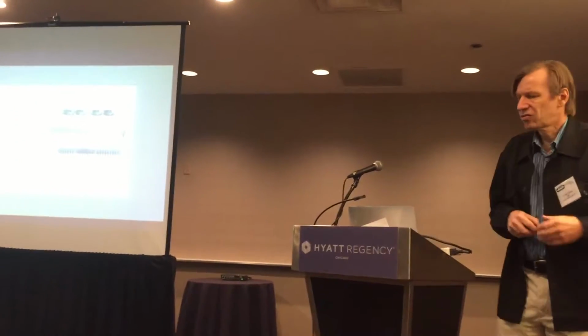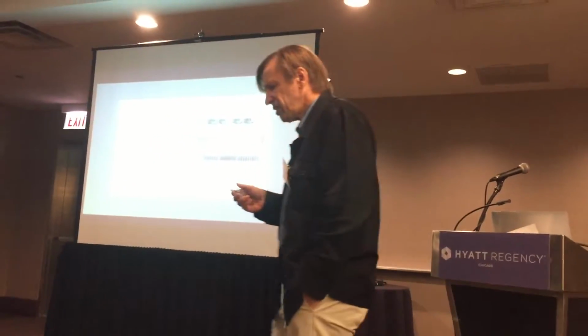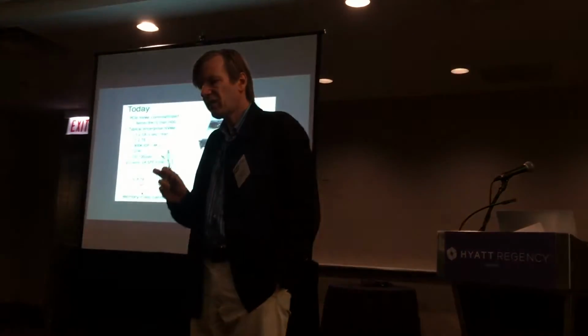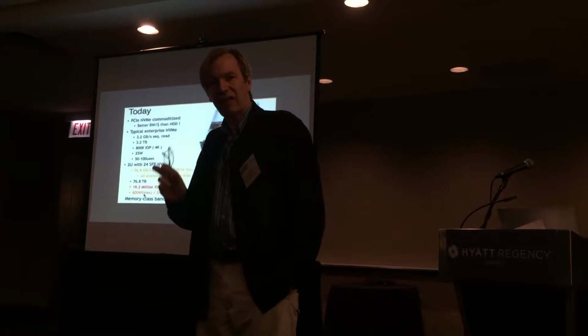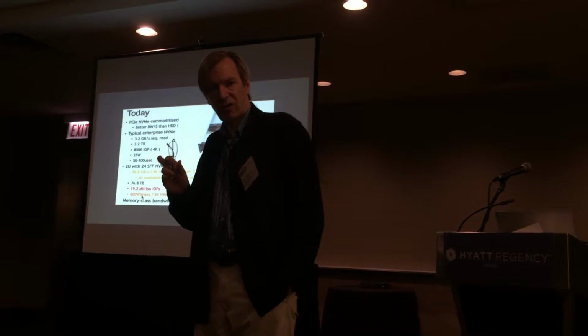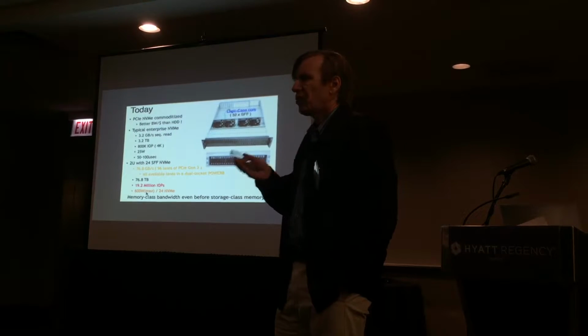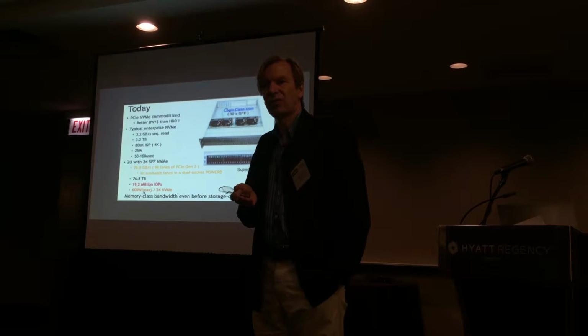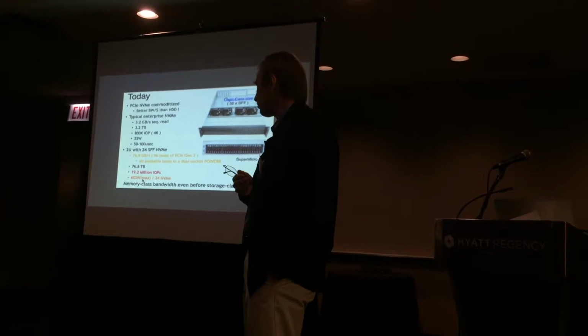Now, what's happened between then and now is it's basically still the same kind of device. A typical enterprise flash storage device, a PCI device, will be 3.2 gigabytes per second, which is maxing out 4 lanes of PCI Express.